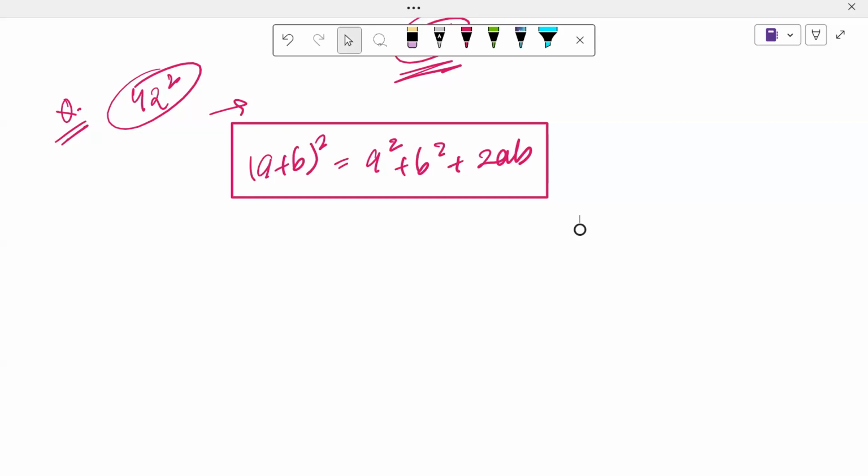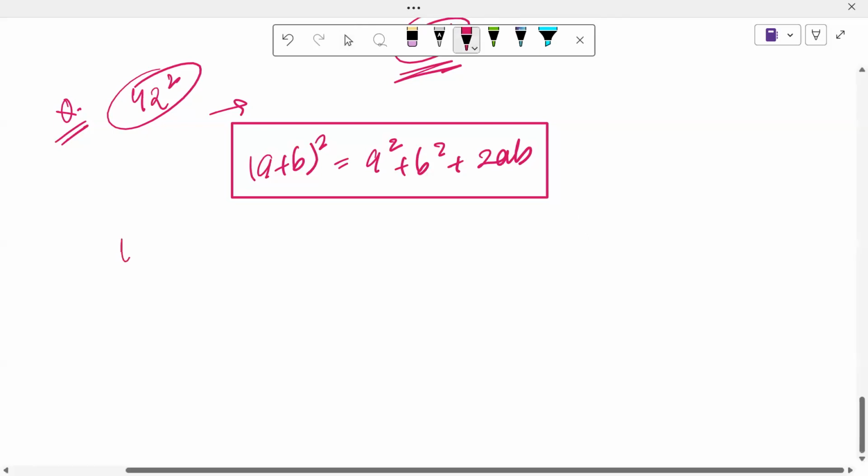Ma'am, in this question, we'll write 40 as A and 2 as B, or we'll write 41 as A and 1 as B. See, you can do both ways. You can write it as 40 plus 2, and you can write it as 41 plus 1.